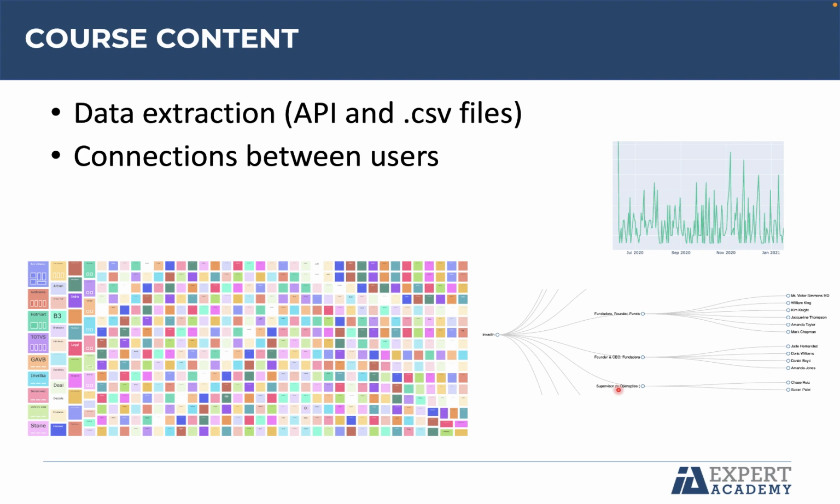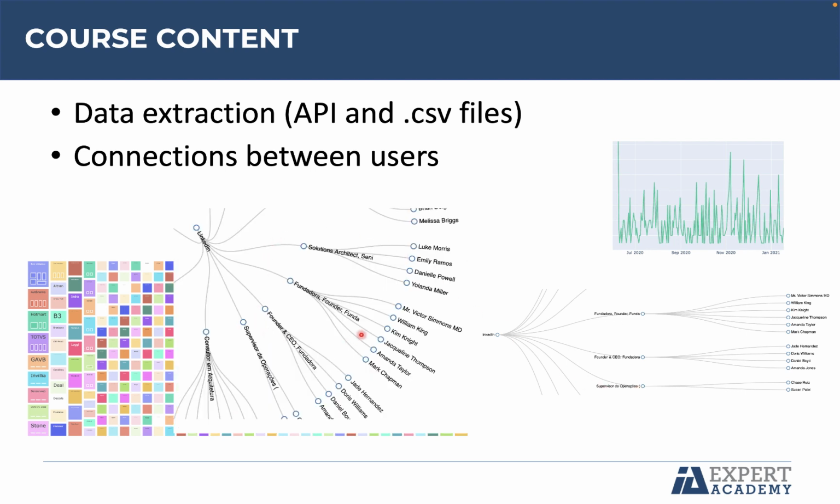For example, in this other image, there are some clusters and the people who have this position. For example, in this cluster, we have data related to founder, and in this other cluster, data related to supervisors. Here you can see another view of the same data that we are going to generate.